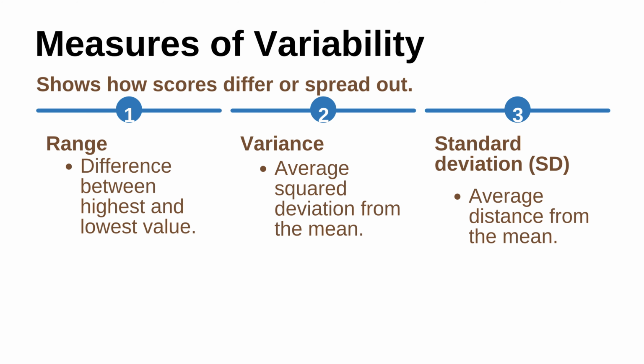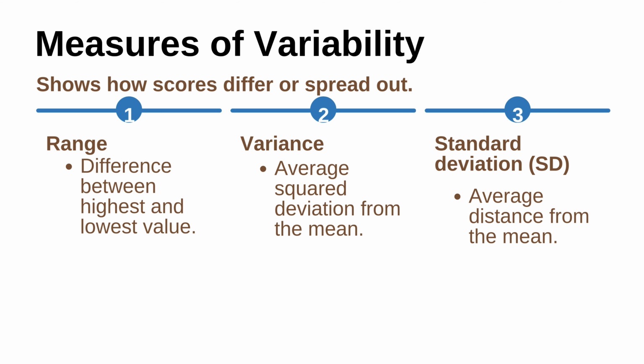We have the range. This is the difference between the highest and the lowest values. Simply put, this doesn't reflect the distribution, but only shows the difference between the highest and the lowest values.